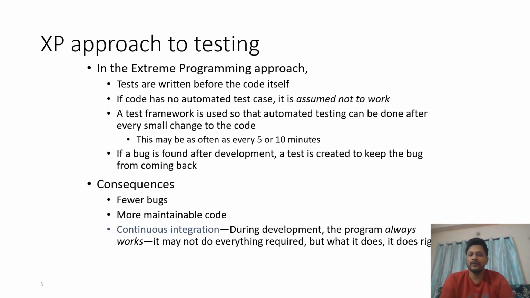Also, if you see the XP approach to testing, which is extreme programming, it means writing bulk code. I have shown you some of the code previously. It is time-taking, and also it is hard to identify a bug, because even if you write the logic, it may still have bugs.